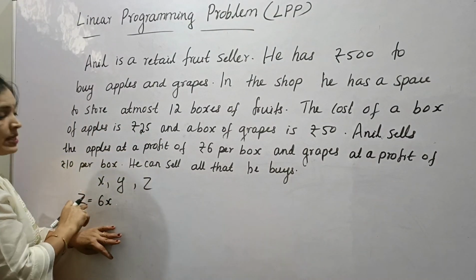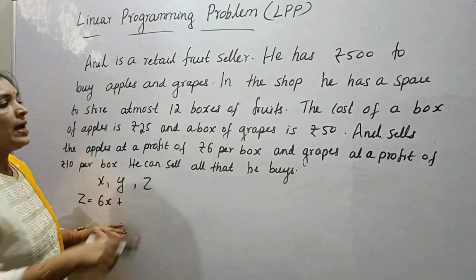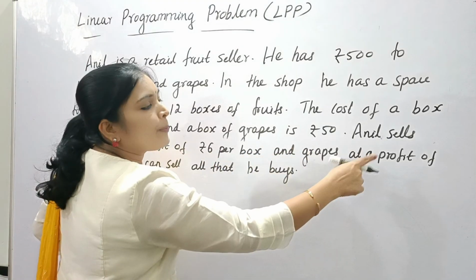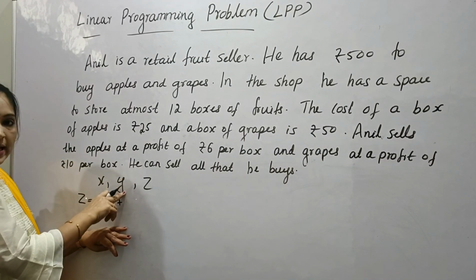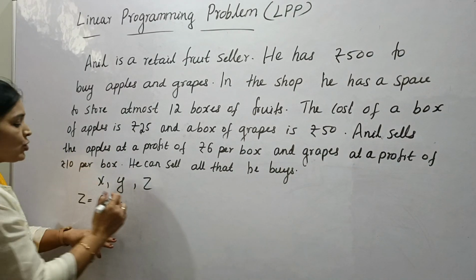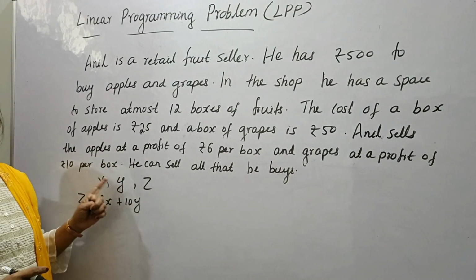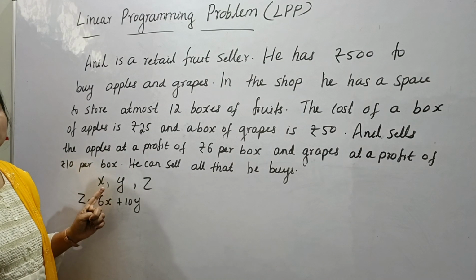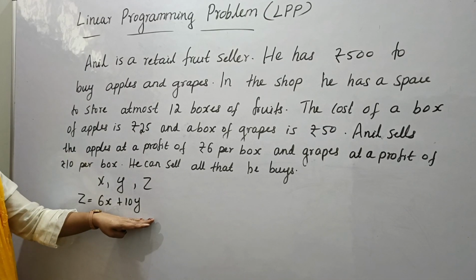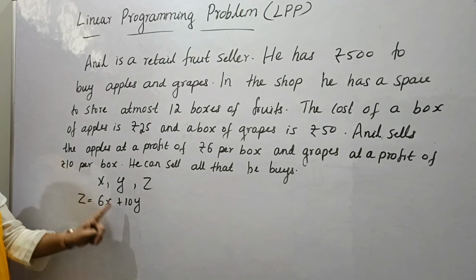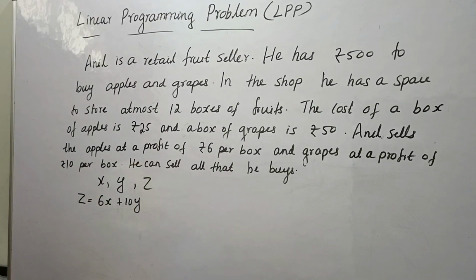So z is equal to 6x plus, then what about grapes? Grapes at a profit of rupees 10 per box. There are y boxes of grapes, so 10y. Therefore his total profit is z equal to 6x plus 10y.